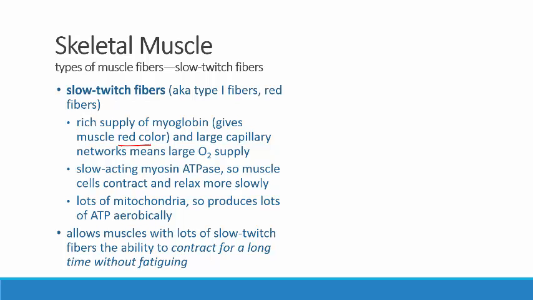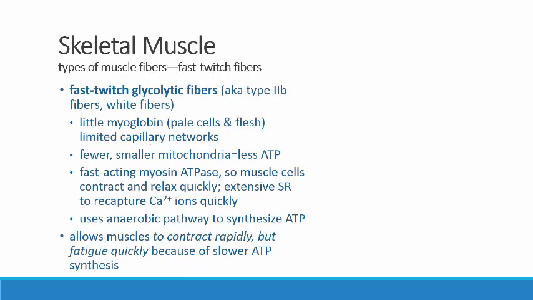so that they are capable of lots and lots of long distance or long effort performance. Fast twitch fibers, the fast twitch glycolytic fibers, sometimes called type 2 or white fibers, on the other hand, they tend to have relatively little myoglobin. So now we're talking about the difference between red meat and white meat. Say if you're eating a chicken breast, that is white meat.